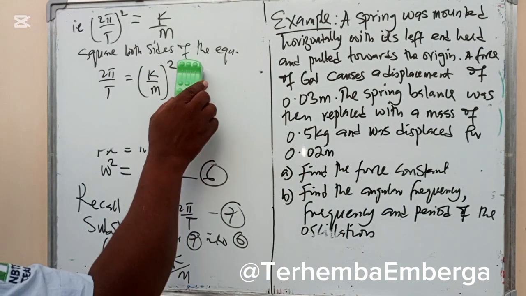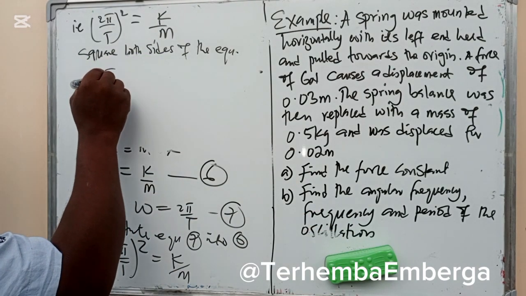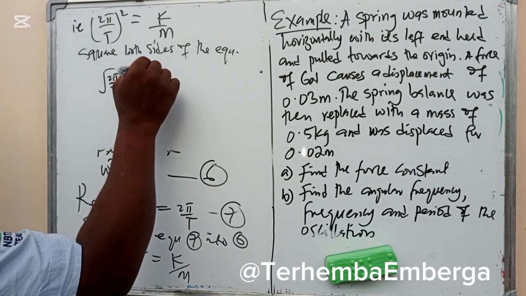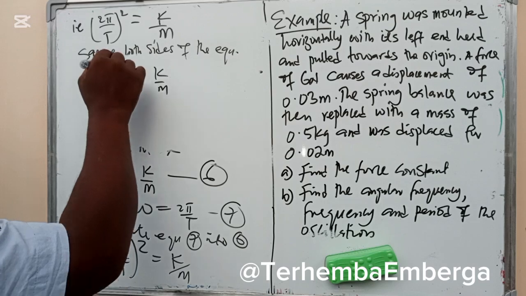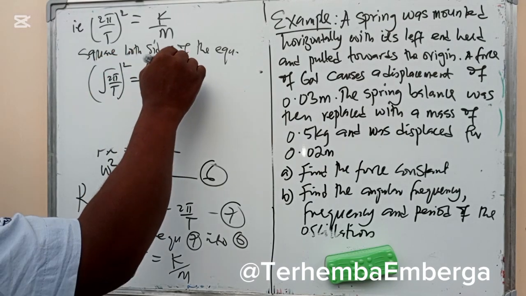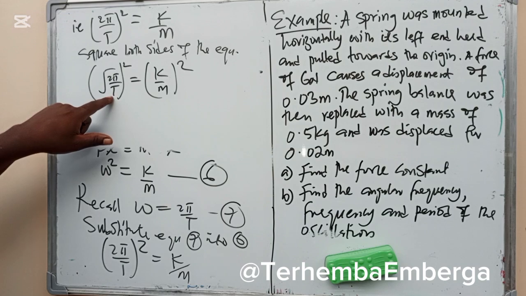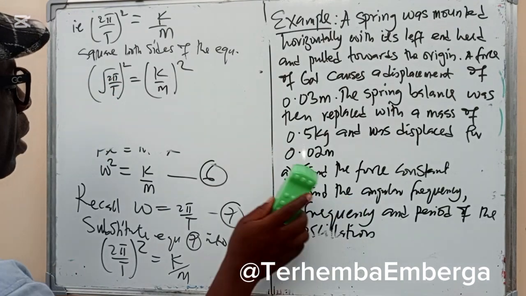Okay, let's do it this way. We can write this expression as square root of 2 pi all over t equal to k all over m. So if you square both sides, it means you have squared this. So square root of 2 pi over t times square root of 2 pi over t is 2 pi over t. So that's what it will be.